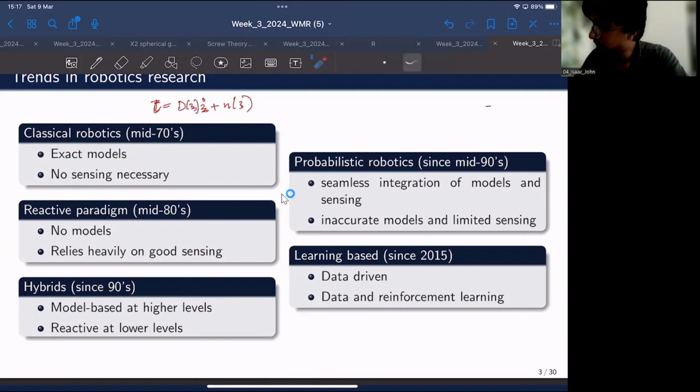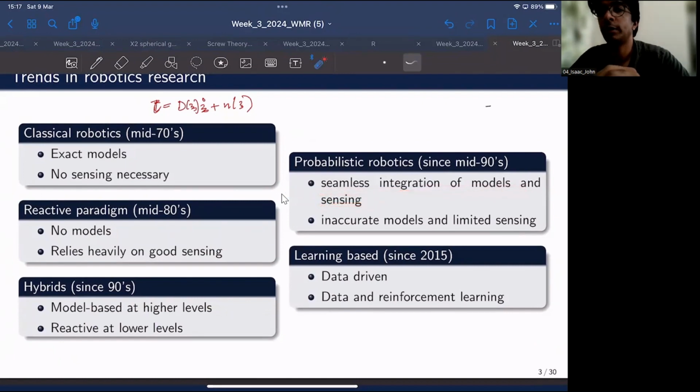And later, during the mid 90s, we used probabilistic robotics. You might have heard about this when we were discussing error propagation and all those things during week 4. This is all about seamless integration of models and sensing.